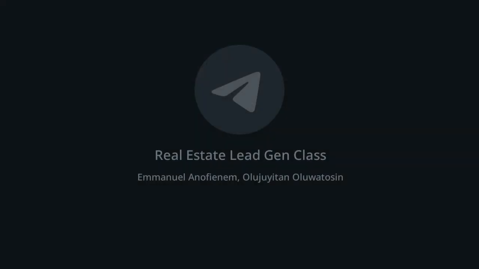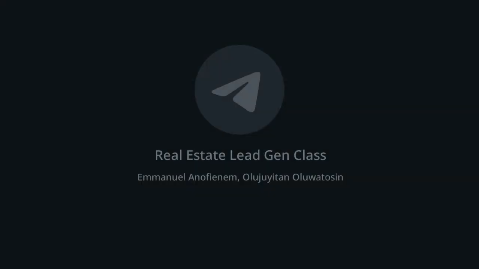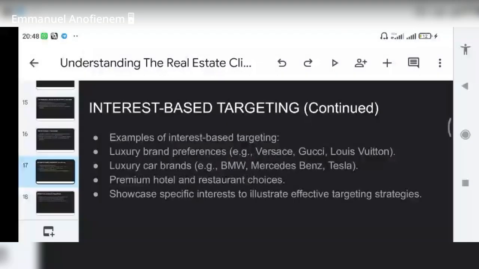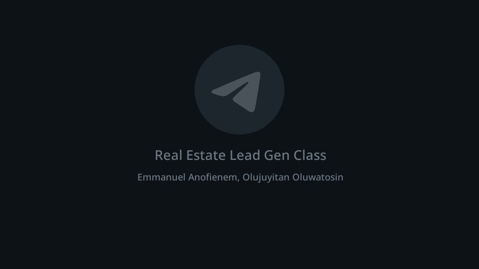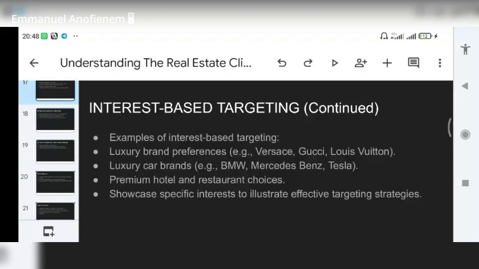So some other luxury brand preferences. And again, some of the reasons why I'm using this route is because as time goes on, maybe Facebook might change the interface or something. But as long as you understand that, oh, I'm targeting based on luxury brand preferences, just anything associated with wealth, you'll always be able to navigate and get results that you want inside of Facebook ads or any other ad platform you'll be using.